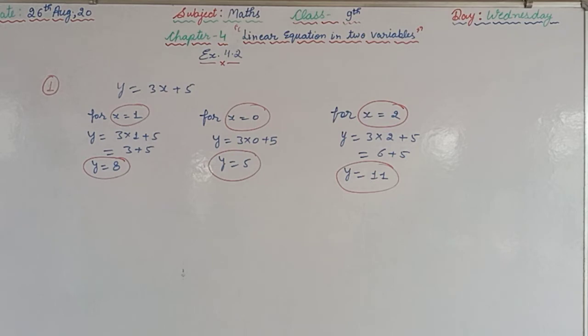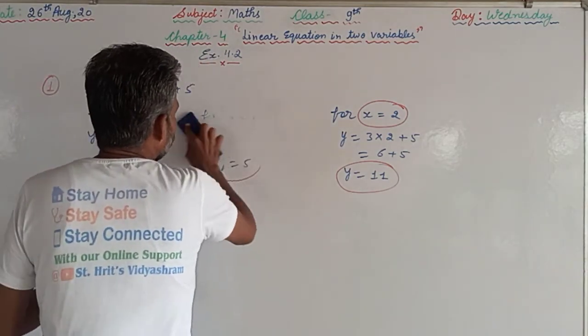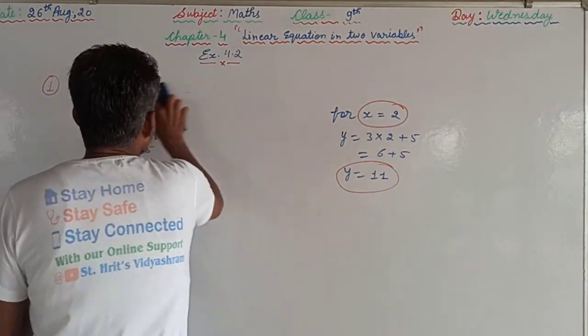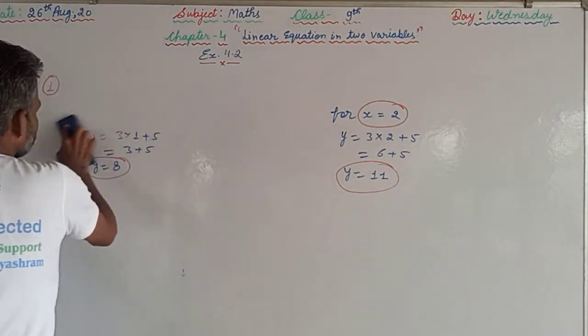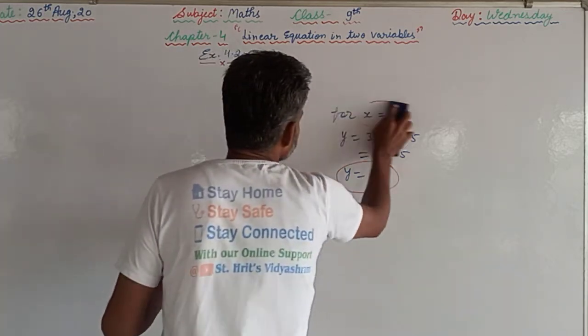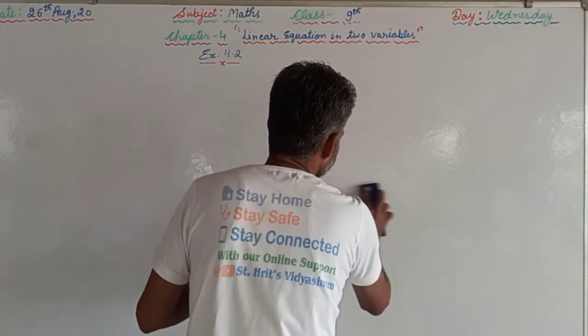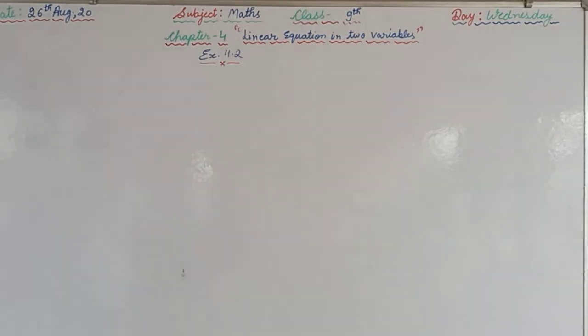In question number 2, we are supposed to find 4 solutions for each of the equations. So we will take the first part. Next question, that is question number 2.